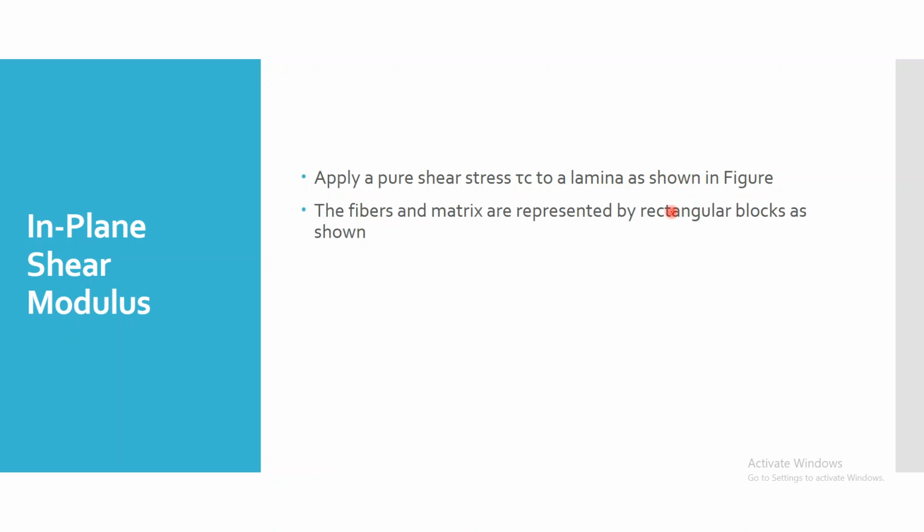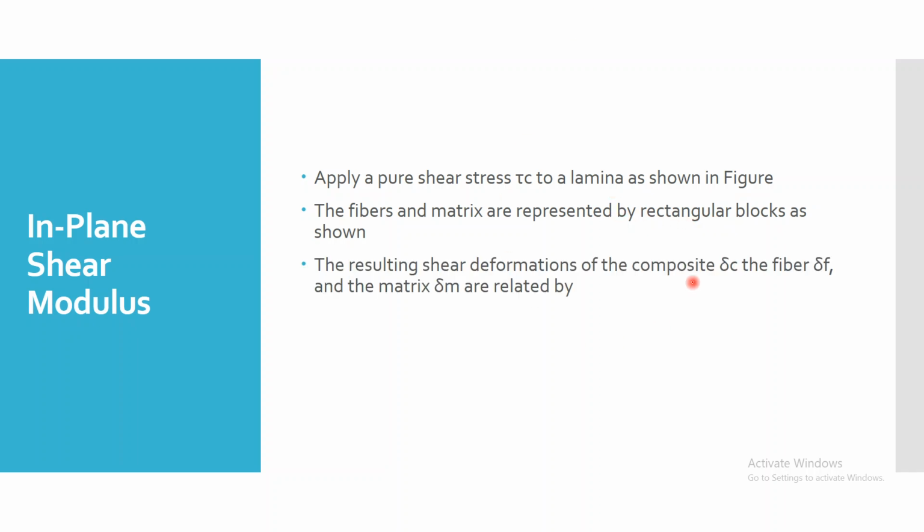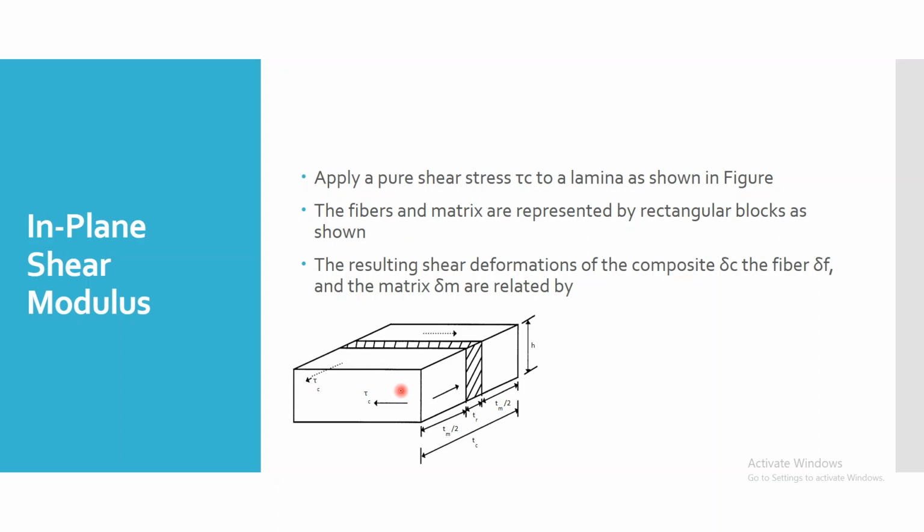For this case also, the fiber and matrix are represented in terms of rectangular blocks. Tau is applied tangential to each surface, and we are taking it as a composite in terms of rectangular blocks only.